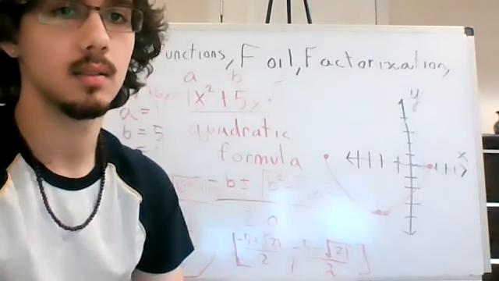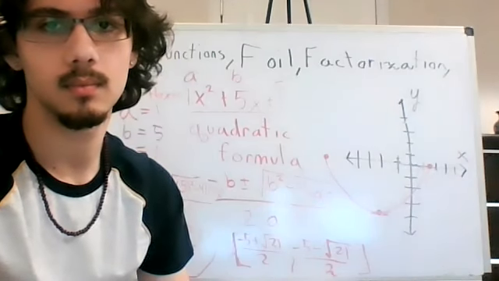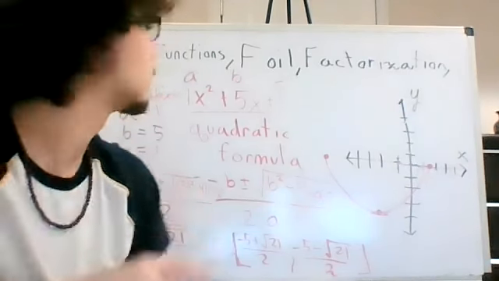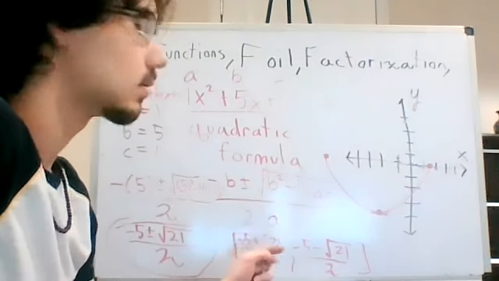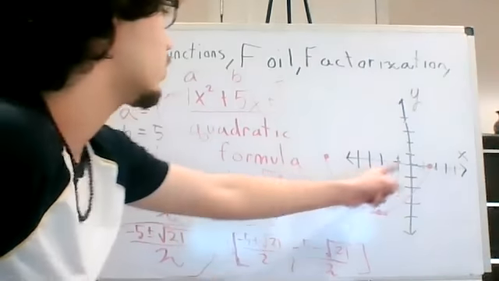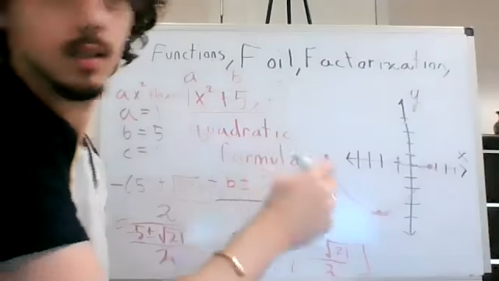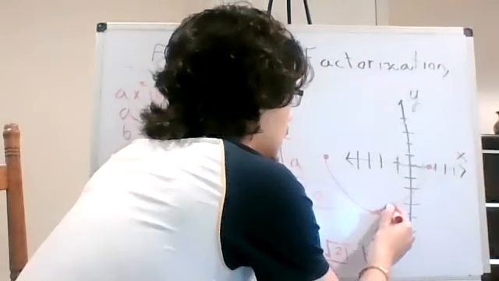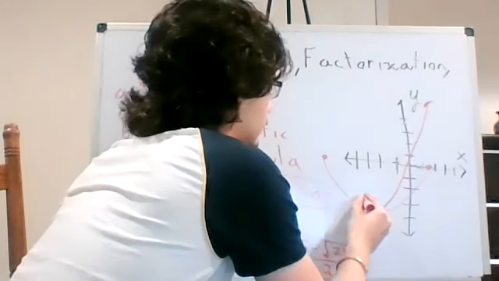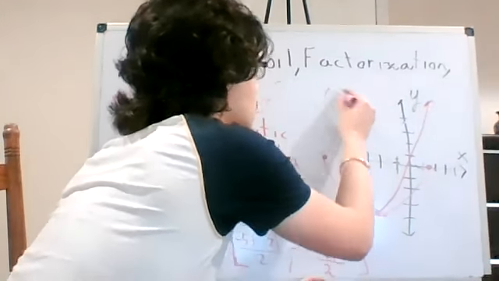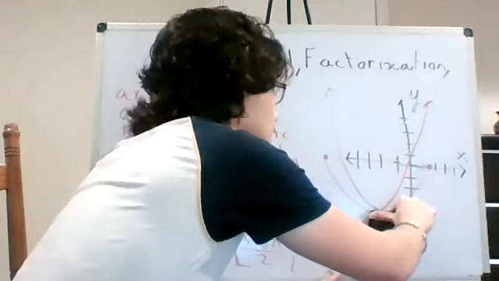Okay, I'm right. Square root of 24. Okay, so it wouldn't be all the way up there. It would be like that. So yeah, as we said before, the y-intercept is 1.